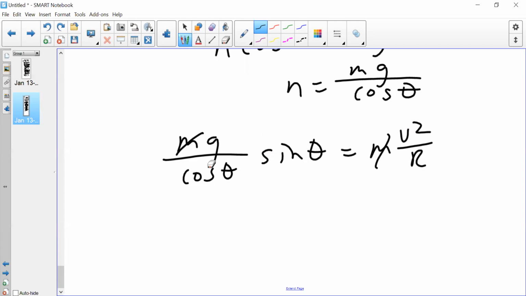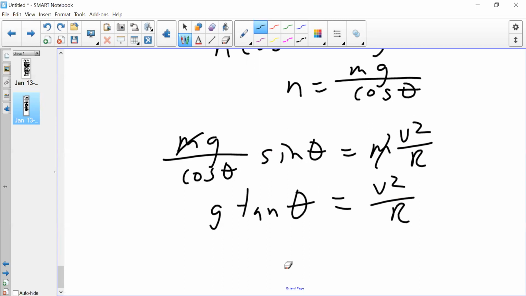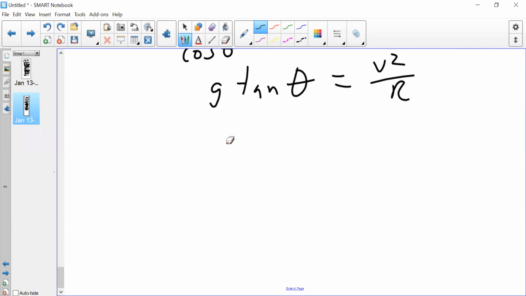So this is going to be sine over cosine, tangent. Yeah, we've got to find the angle there. Okay, so then we have g tangent theta like that equals v squared over r. Tangent theta equals v squared over gr.